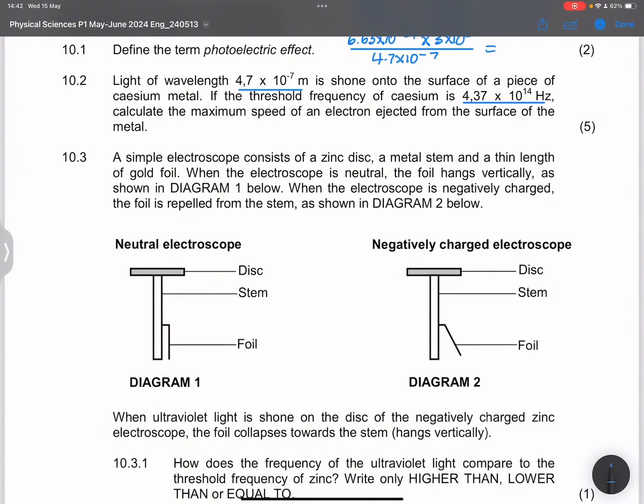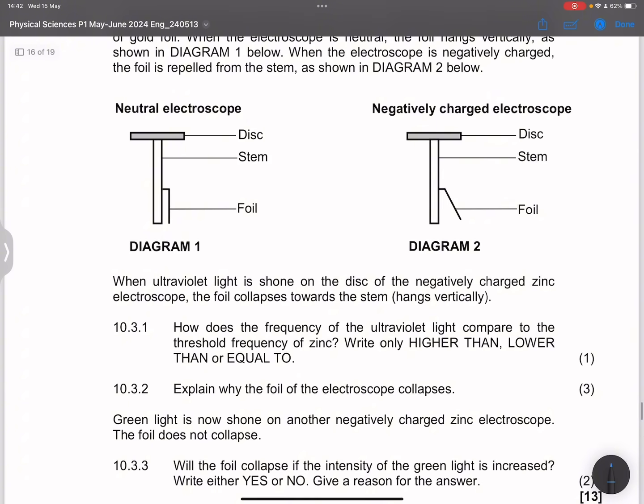When the electroscope is negatively charged, the foil is repelled by the stem as shown in the diagram. And so they say when ultraviolet light is shone on the disc of the negatively charged zinc electroscope, the foil collapses towards the stem, that is, it hangs vertically.